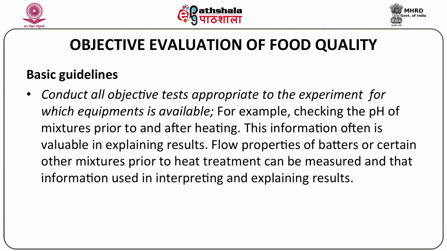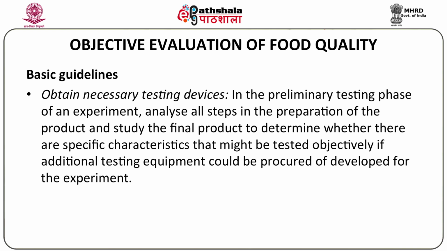This information often is valuable in explaining results. The flow properties of batters or certain other mixtures prior to heat treatment can be measured, and that information used in interpreting and explaining results.